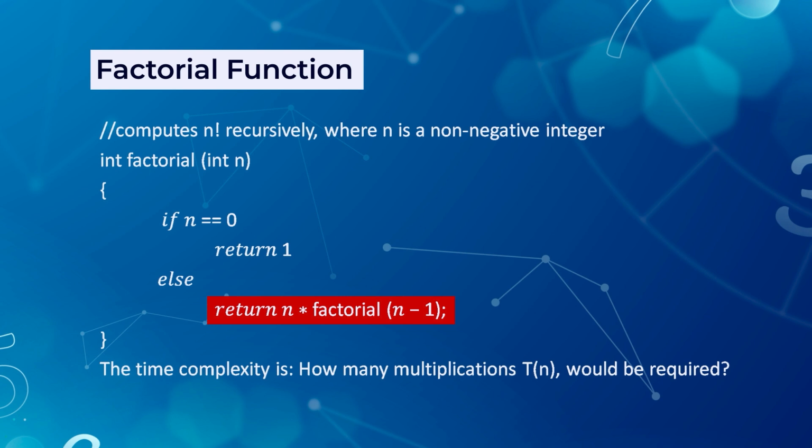That was our recurrence relation, F(n) equals 1. Otherwise, it returns n into factorial of n minus 1. This is the exact term which we have represented as a recurrence. So, the function which we have written in C programming or any other language is a direct replica of the recurrence relation which we have represented.